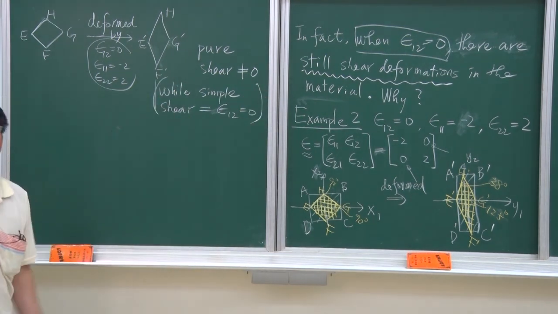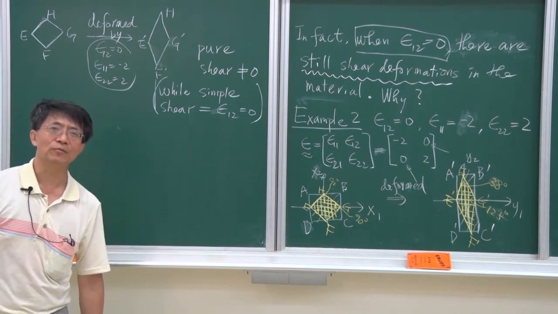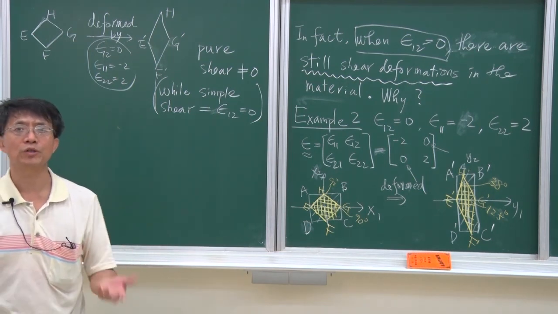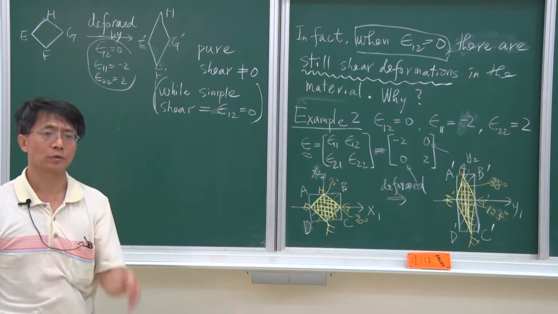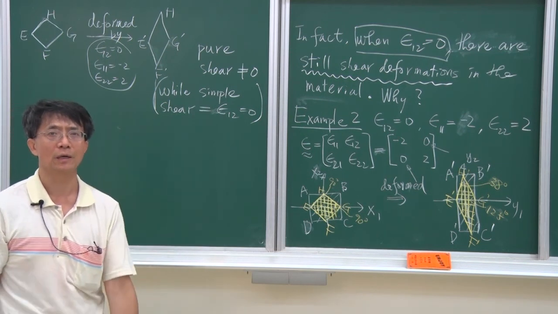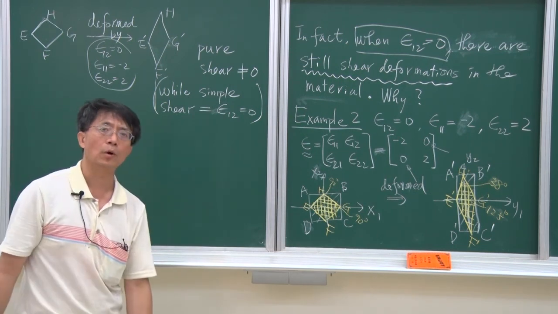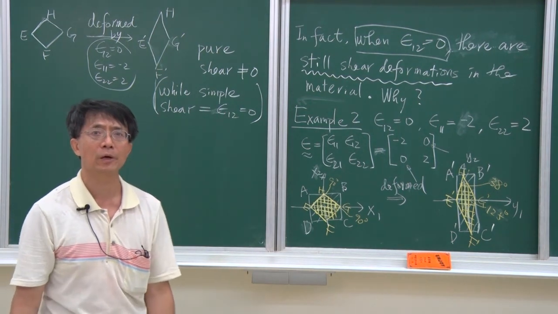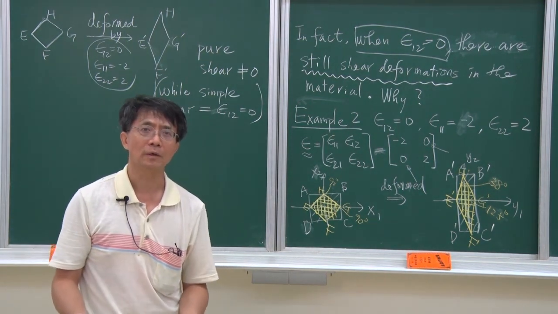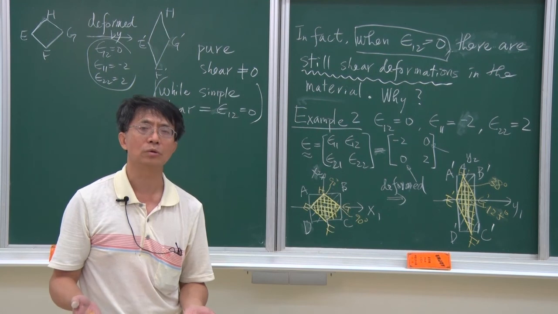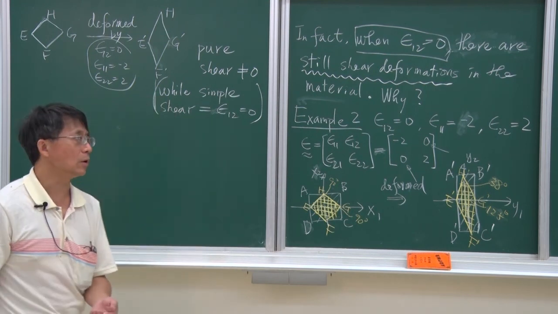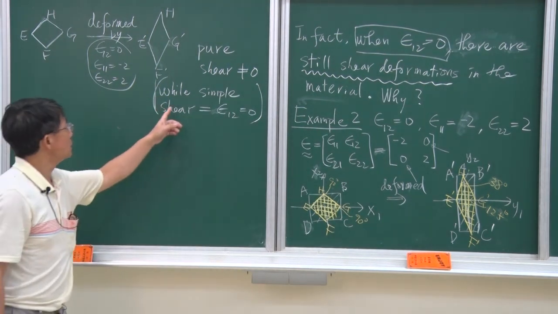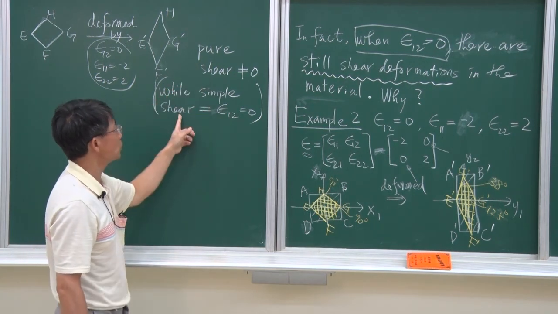So we bring up a term, pure shear, which is different from simple shear. I think you can look at the book of mechanics of materials at the undergraduate level, which you studied 2 years ago. Then look at the keywords pure shear and simple shear.